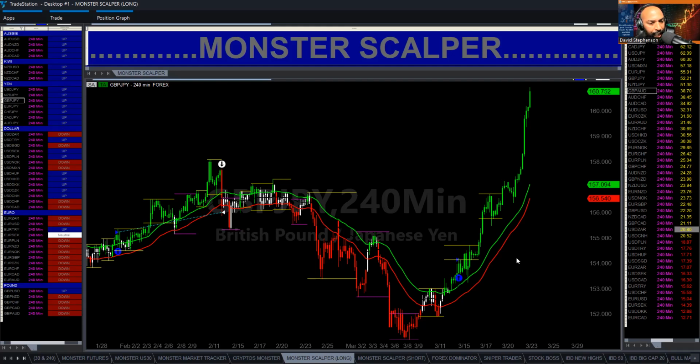You're not going to have to calculate any of the foreign currencies. You just trade it. The key is this: buy at a break of resistance, sell at a break of support. That's it. All of this stuff here, we don't need to focus on.